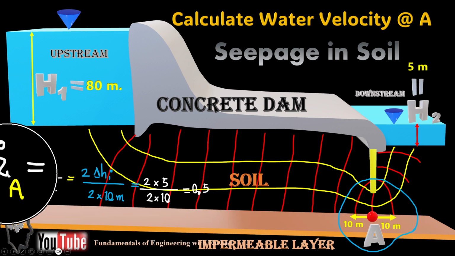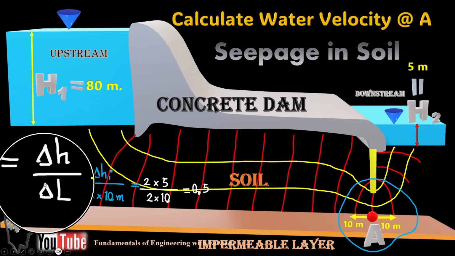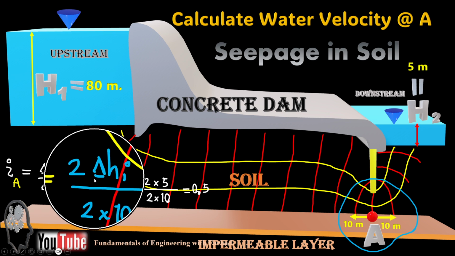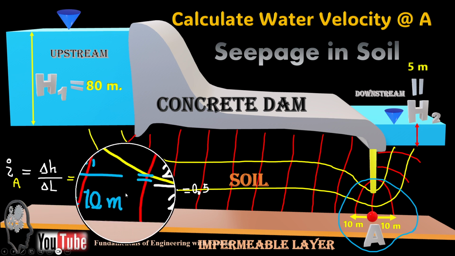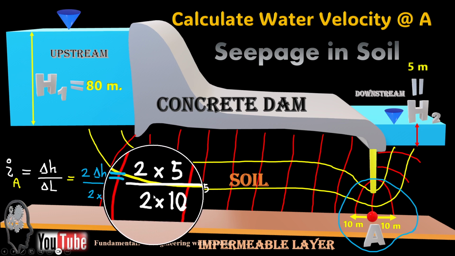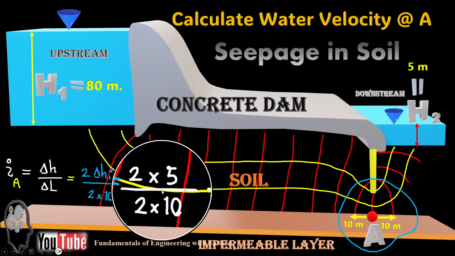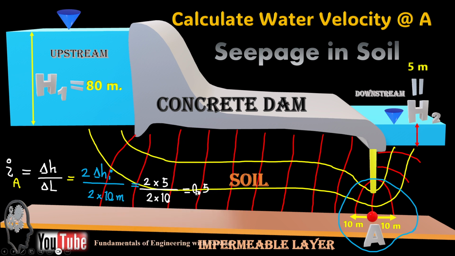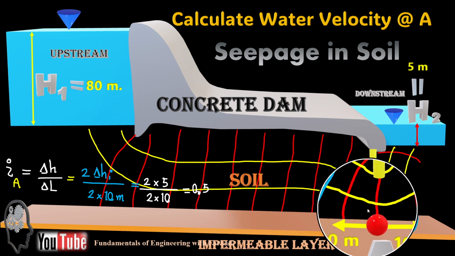So i at point A is equal to delta H over delta L. Delta H is 2 times delta H i, as you can see in the figure, over the length, which is 2 times 10 meters. And if you do the math, the 2 cancels out from numerator and denominator. 5 over 10 is 0.5 in terms of hydraulic gradient at point A based off the figure provided.